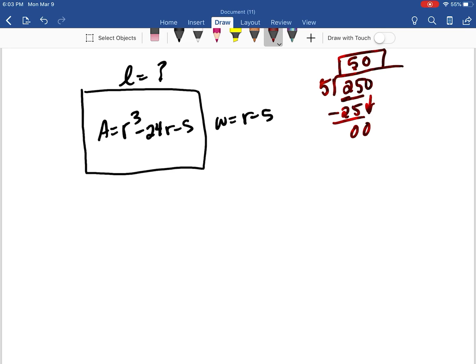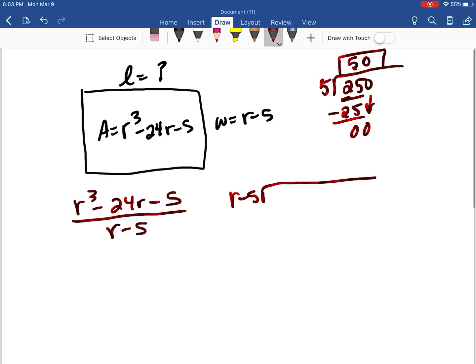That's the same thing that we're doing here. Now the difference is that we're taking r cubed minus 24r minus 5 and dividing it by r minus 5.